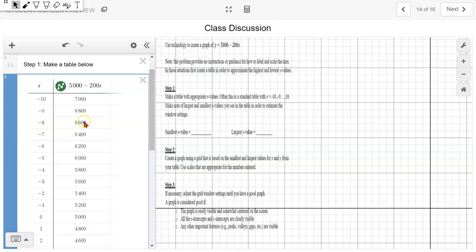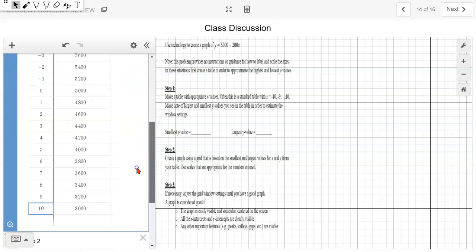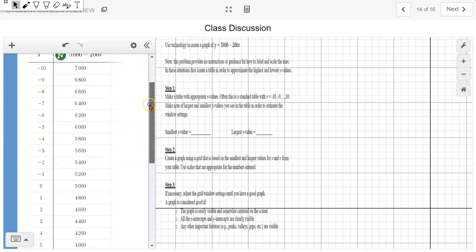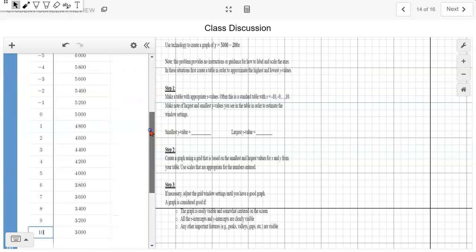It is going down from 7,000 to 3,000. So smallest y value is 3,000, largest y value is 7,000. And your x is from -10, smallest, highest is +10.